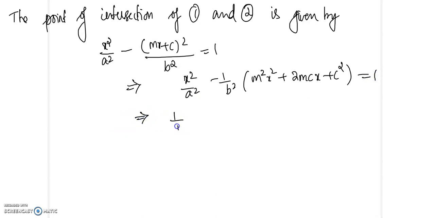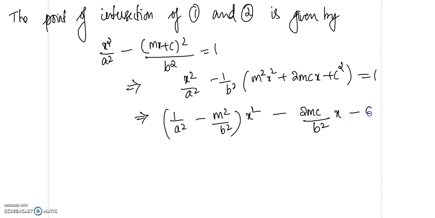So that gives (1 by a square minus m square by b square) into x square minus 2mc by b square x minus (c square by b square plus 1) equal to 0. And now the line will meet the curve at 2 points at infinity. So both the roots of the equation must be infinite.